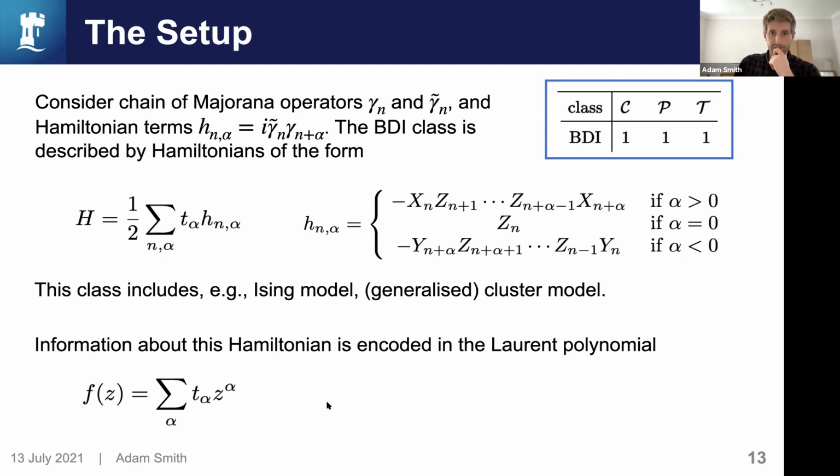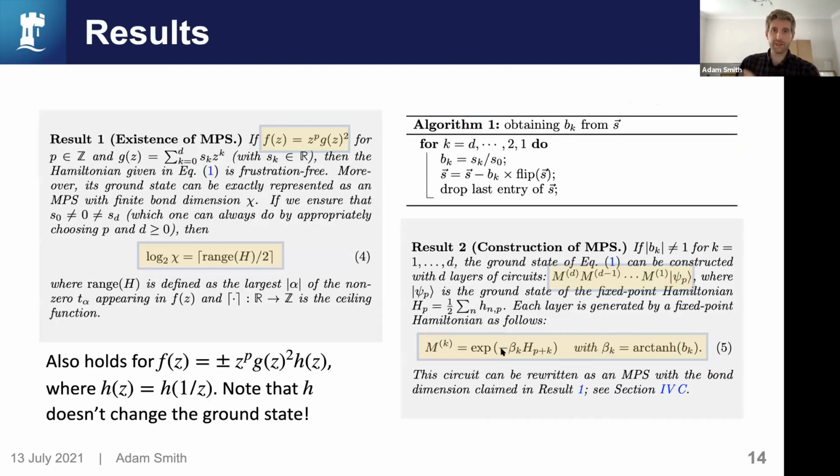Okay. So now we come to the results, and please don't try to read all of this. I just pasted this from the paper, and I just highlighted a couple of the main things that I want to point out. So we have two main results here. The first one is basically saying that in certain cases, we have an exact MPS as the ground state.